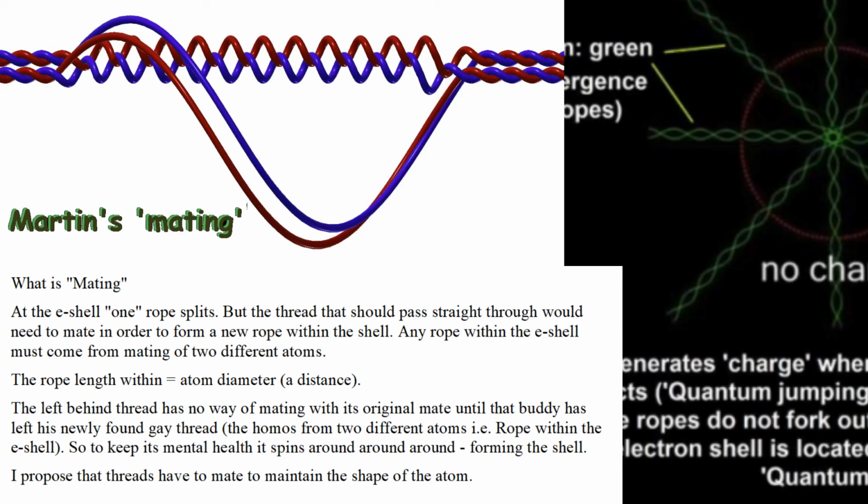And de Broglie's equation would work against what Martin is suggesting, that there's a single loop around, or that it's a perfectly smooth shell made of one magnetic thread that's just spinning around, and that those magnetic threads spinning around the atom form the shell. De Broglie's equation says this thing undulates all around the cloud.